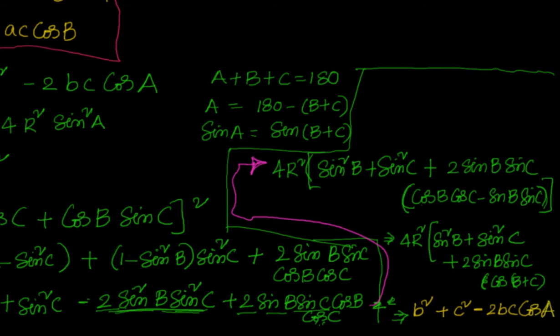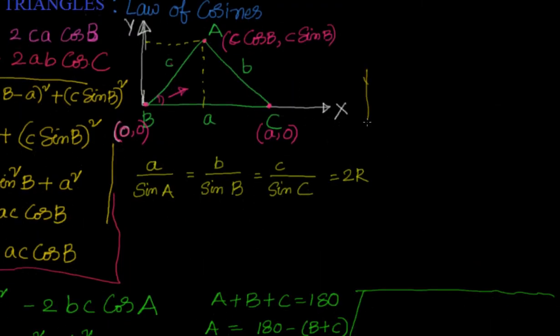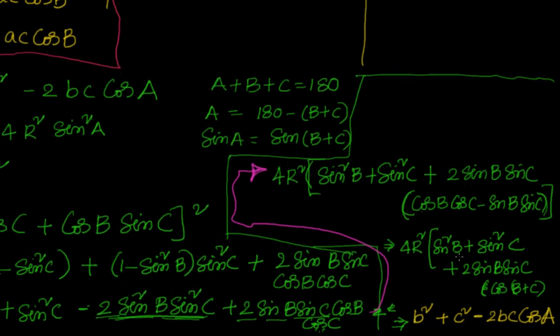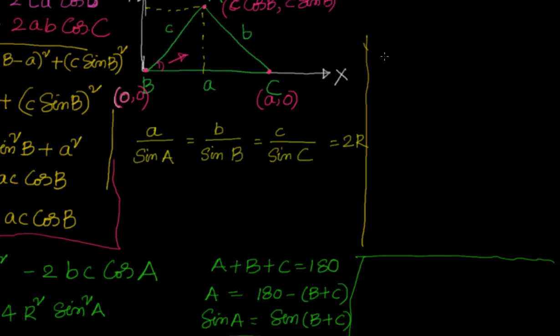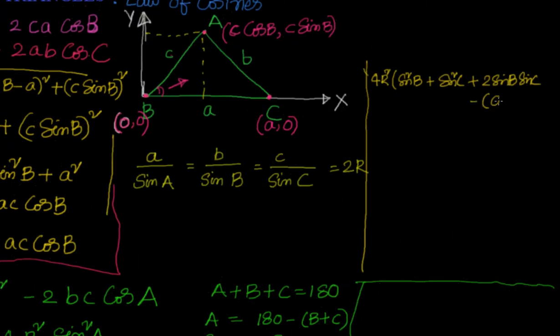If you think I have missed one step, I will write it down here. See, what we want to do is 4R square into sin square B plus sin square C plus 2 sin B sin C into cos of B plus C is there, that I can write as minus of cos of A. I hope you are okay with that.